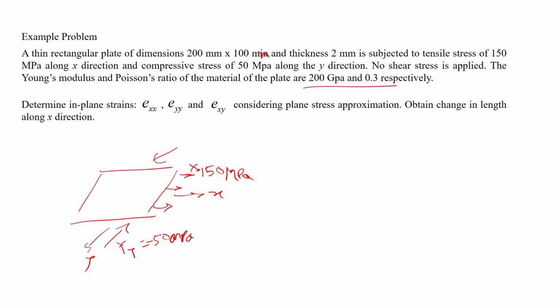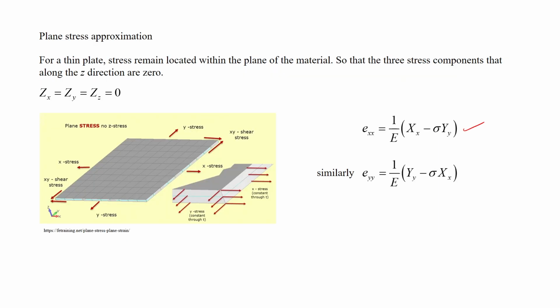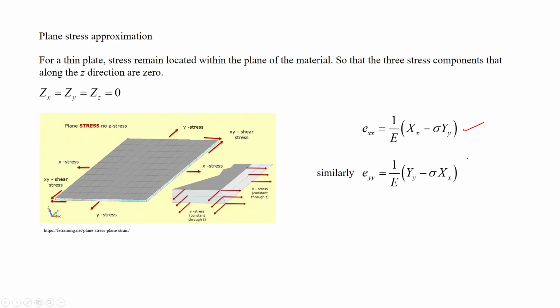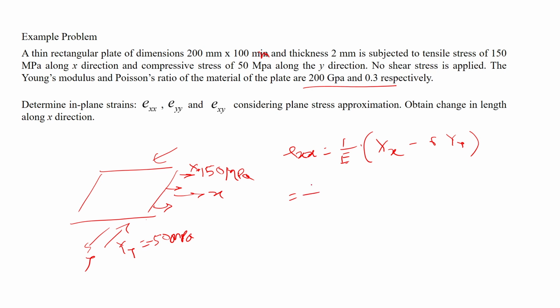So, you need to obtain εxx, εyy and εxy. So, εxx is equal to 1 by E into (σxx minus ν σyy). So, this is equal to 1 by E, where E is 200 gigapascal, which is 10 to the power 9, and σxx is equal to 150 megapascal, minus ν equal to 0.3 into σyy. So, σyy is 50, so this is minus 50.